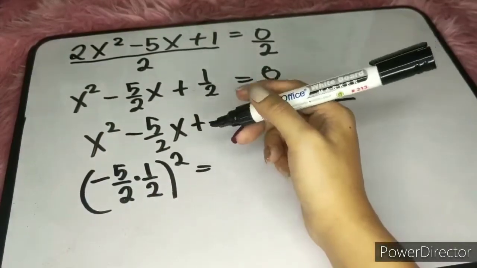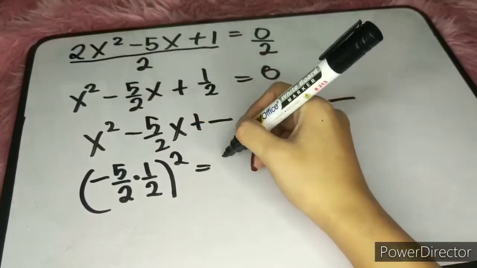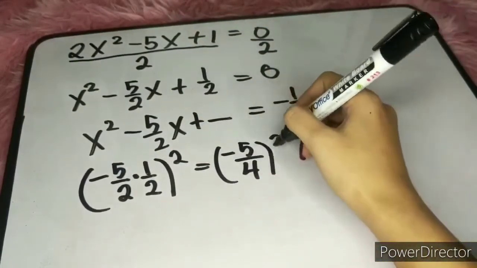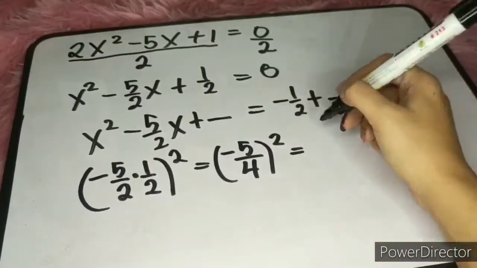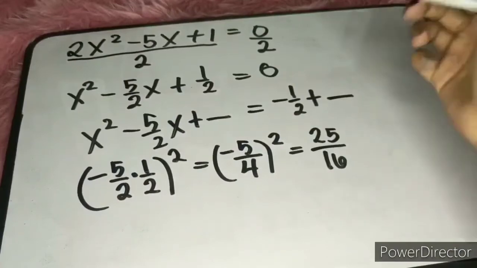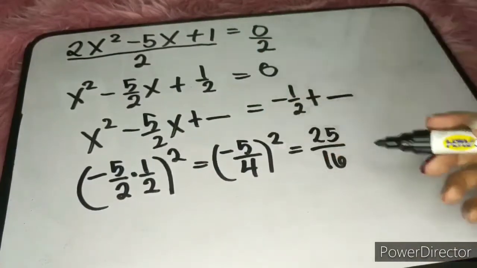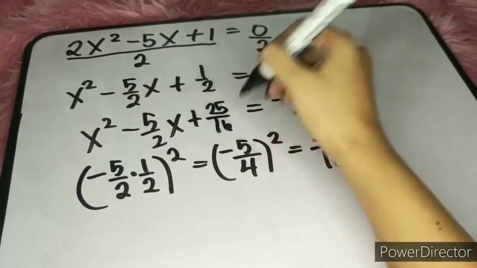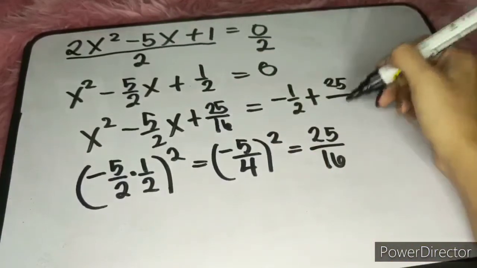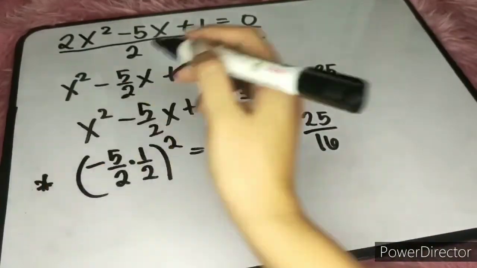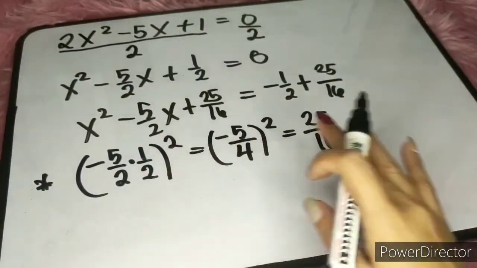So that is -5/4, and then I will be getting the square of it, that is 25/16. So that is what we will be adding on both sides in completing the square. So I will just put 25/16 here and 25/16 here. This is just the solution for the square of half of b.